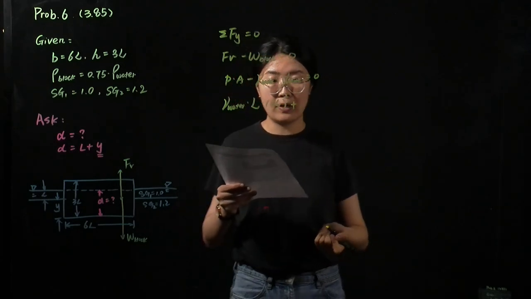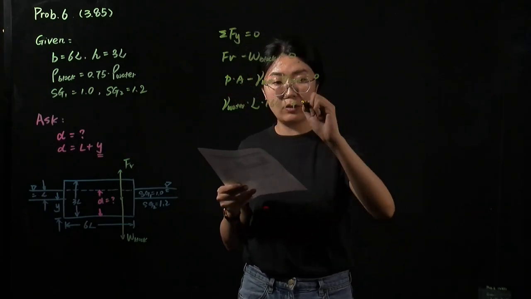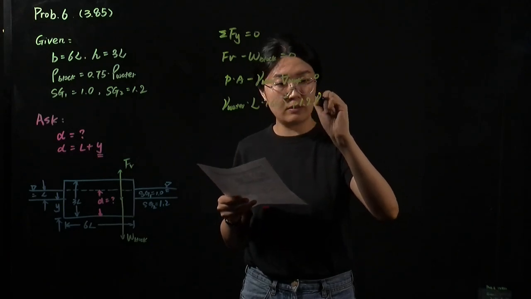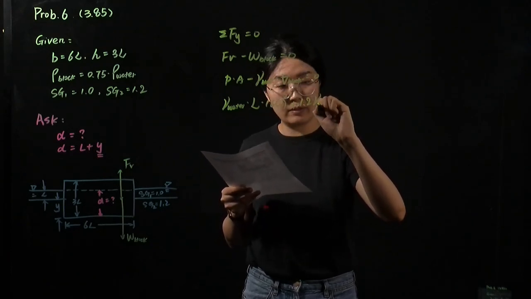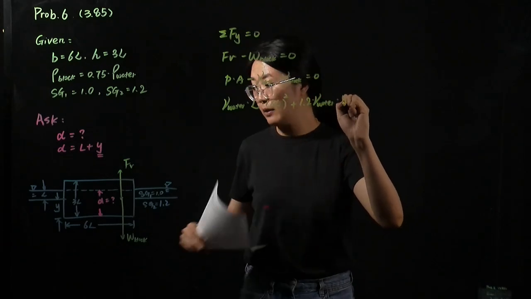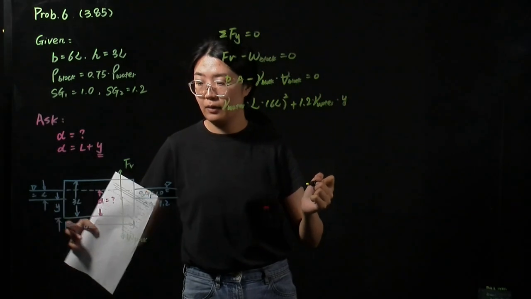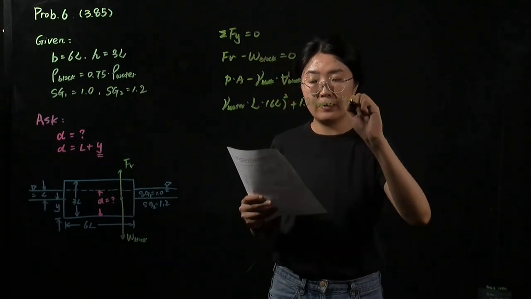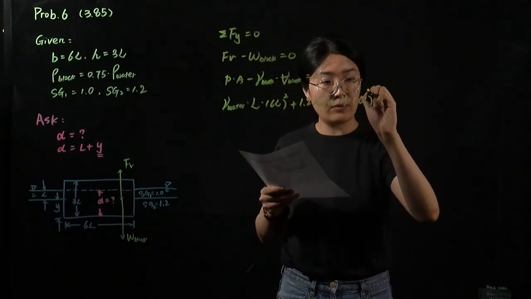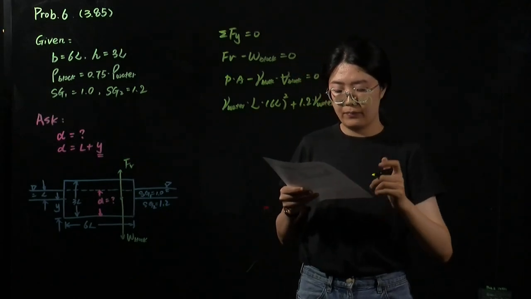The buoyant force from the second liquid equals 1.2 times the specific weight of water times the corresponding length Y, and then times the area of the block.